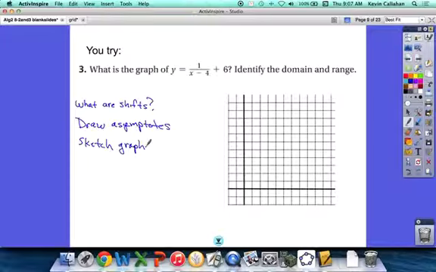So sketch your graph. What are the shifts that you see? Right 4, up 6. So draw your asymptotes. Right 4, up 6.